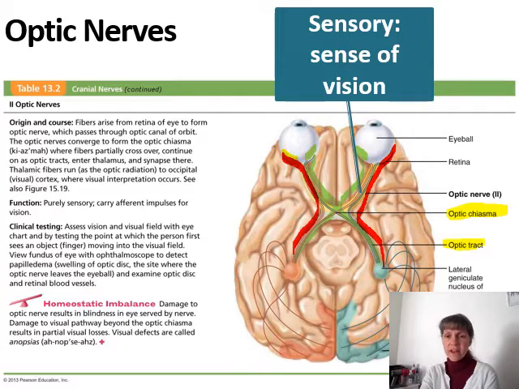From there, the neurons will synapse with neurons in the lateral geniculate nucleus of the thalamus, where they become optic radiations that enter the primary visual cortex. That's where visual sensation occurs, in the primary visual cortex of the occipital lobe.